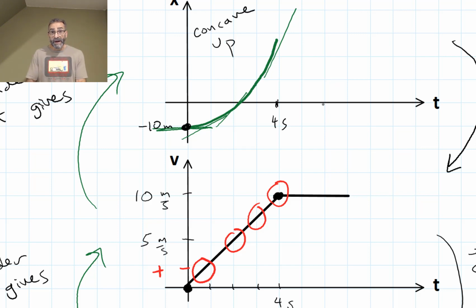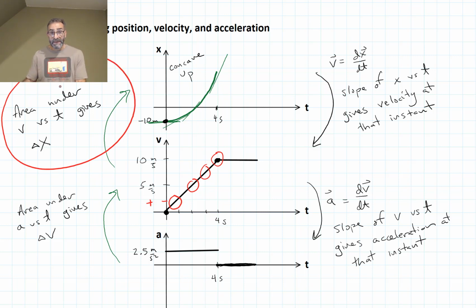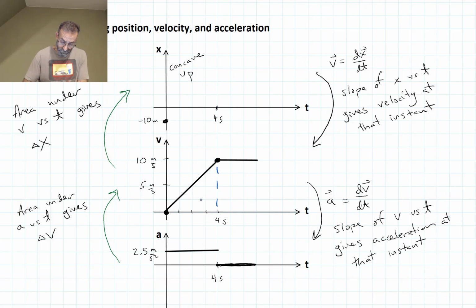Now let's figure out where we are. What is the value of x at 4 seconds so we can draw this properly and not just have a rough sketch like this? Well, we're going to use the fact that the area under our velocity versus time curve is the change in position. The area under our velocity versus time curve is just 1/2 the base times the height.